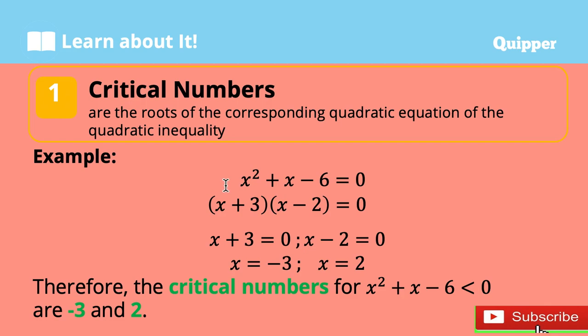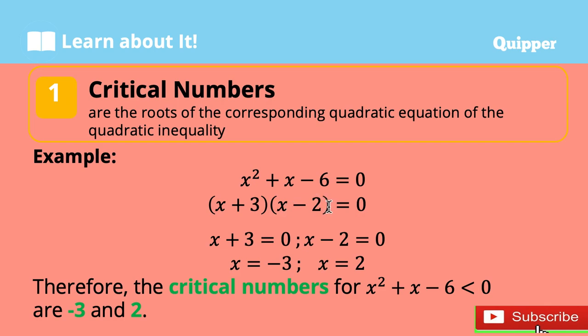So this is the corresponding quadratic equation of the given quadratic inequality. We will now solve for its roots. To find the roots, we factor this expression. The factors are x plus 3 and x minus 2.